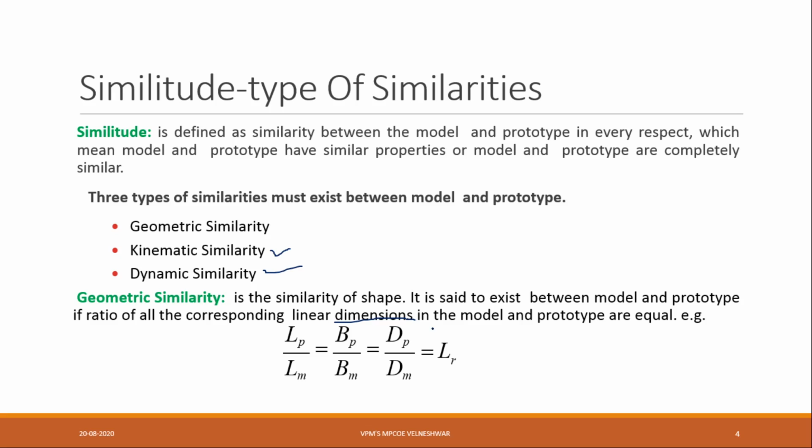What are the linear dimensions here? Length, width or breadth, and depth, and the ratio is LR, that is the ratio of length, LP by LM.